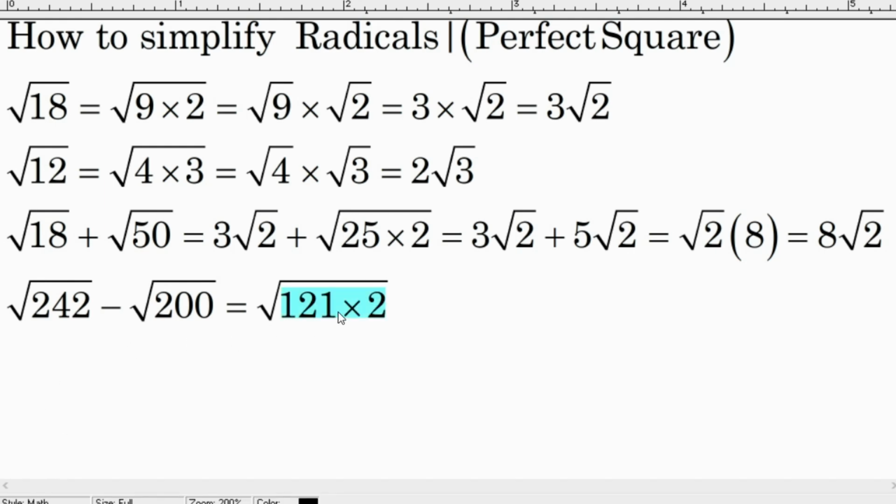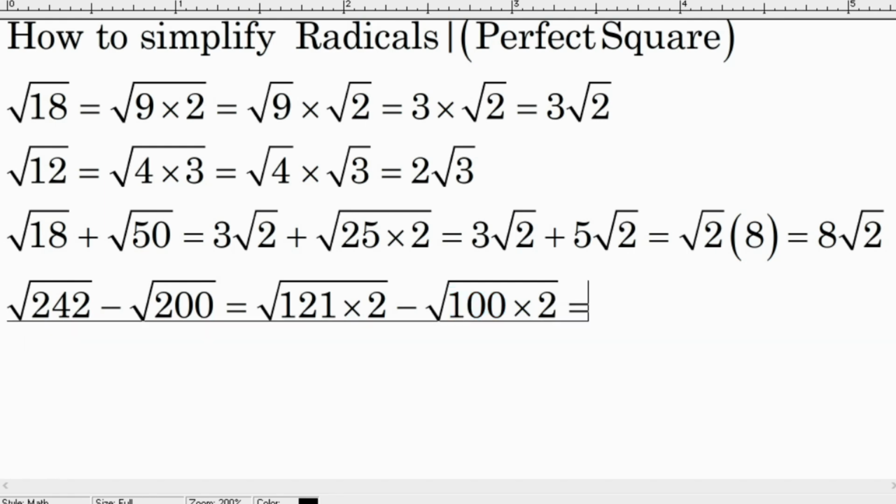So 121 multiplied with 2 is equal to 242, minus 200 here, which could be written as 100 times 2. Okay, so 100 is a perfect square.